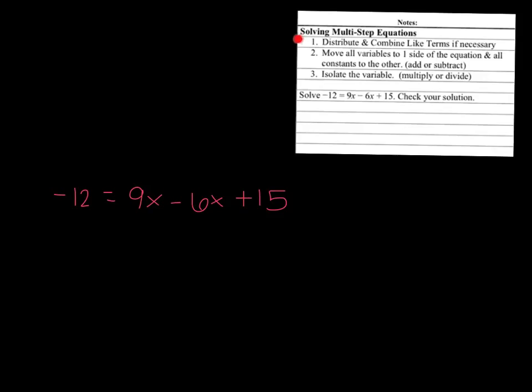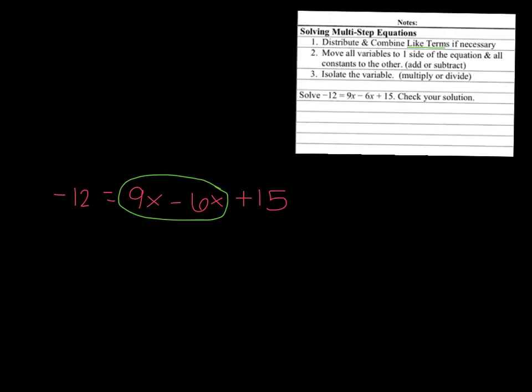So if you notice right here, step 1 says to distribute and combine like terms if necessary. Now, this particular problem that we're looking at, we don't have any parentheses, therefore we know that there's no distribution occurring. However, what we do have is a 9x and a negative 6x. So remember, like terms have the same variable or combination of variables with the same exponent.